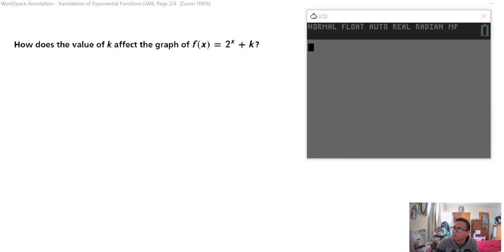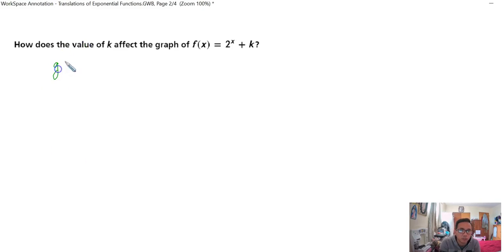Right, so let's take a look at one of the functions, g of x is equal to 2 raised to x. Maybe we can add, let's see, k is equal to 3.